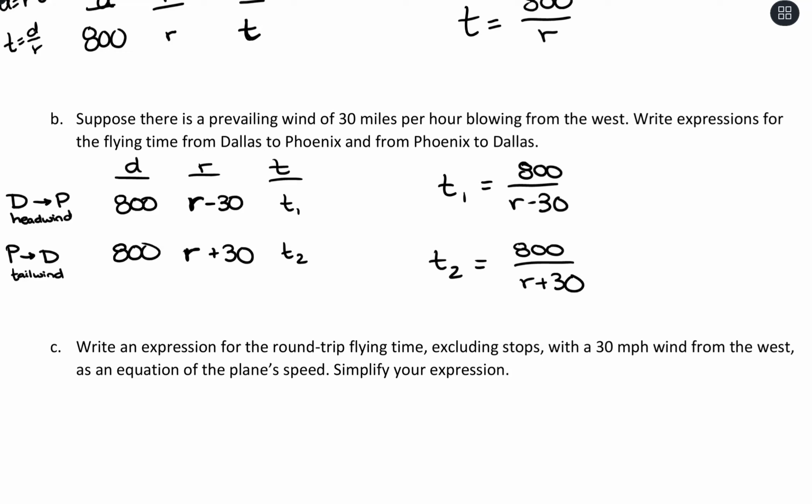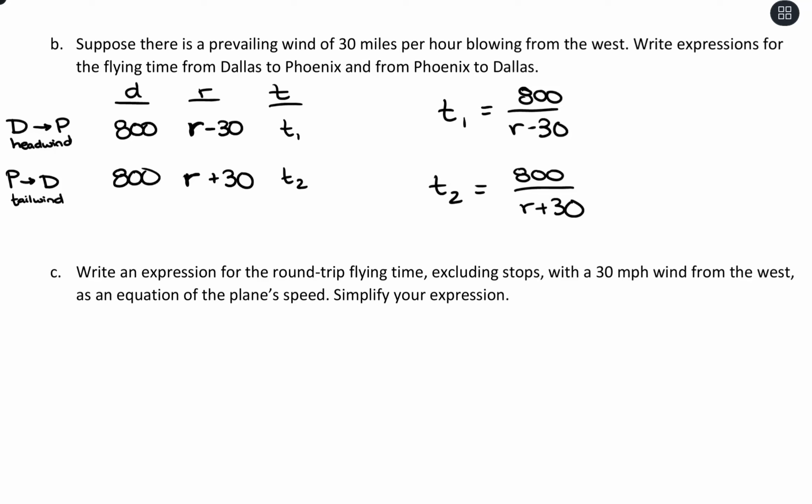Write an expression for the round-trip flying time excluding stops with a 30 mile per hour wind from the west as an equation of the plane's speed. Simplify your expression. So what we're doing is combining these together. We're going to go Dallas to Phoenix and then Phoenix to Dallas.